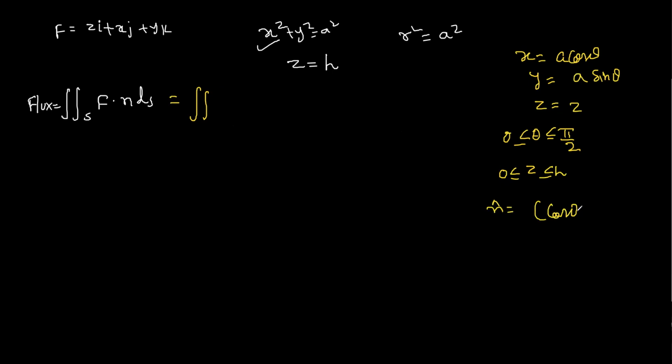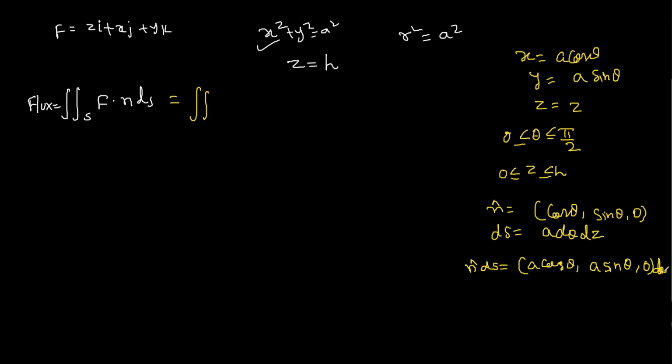This is cos theta, sin theta, 0. dS is a d theta dz. So put the value of x from the coordinates.